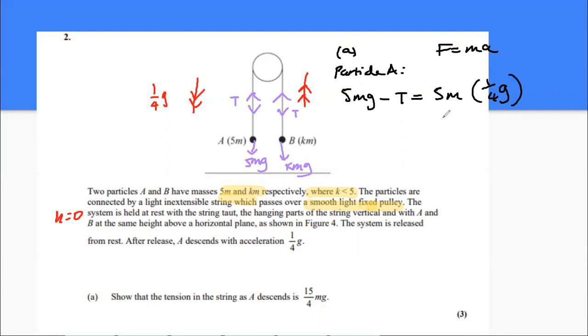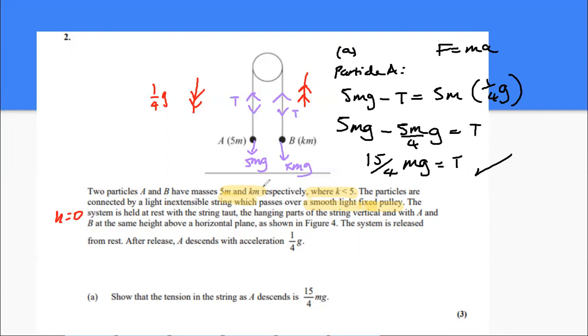Now it's just a case of rearranging and making T the subject. Which leaves you with 15/4 mg. So as required. Just to say, if you weren't able to do part A and prove that 15/4 mg is the tension, then you could still go on to part B. And for part B, all you would need to do is use the tension that they gave you.